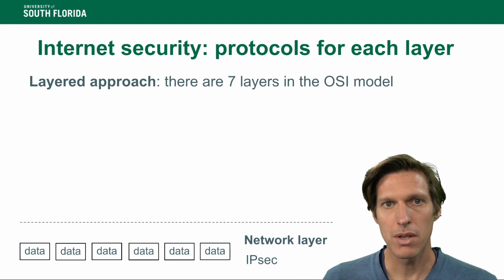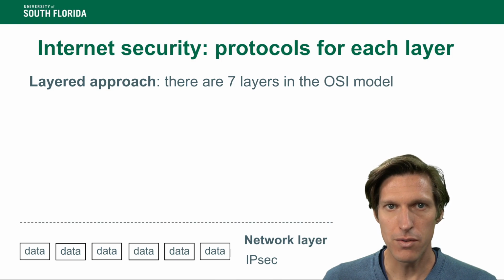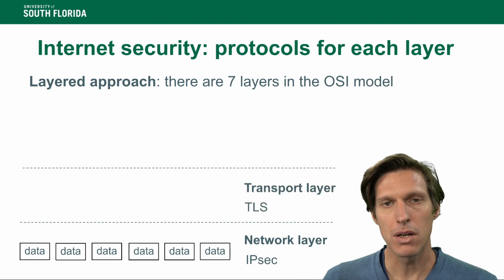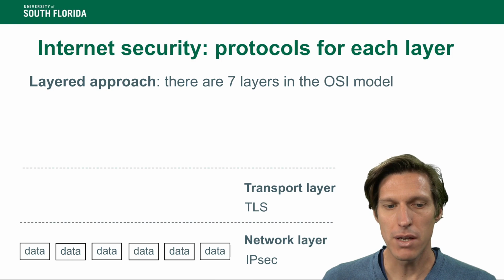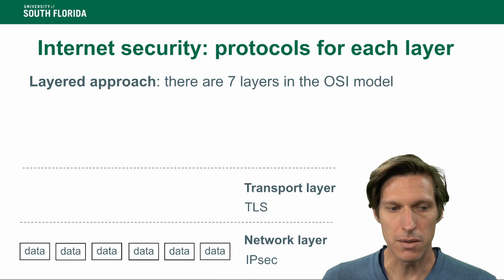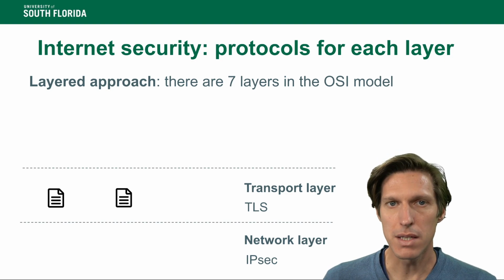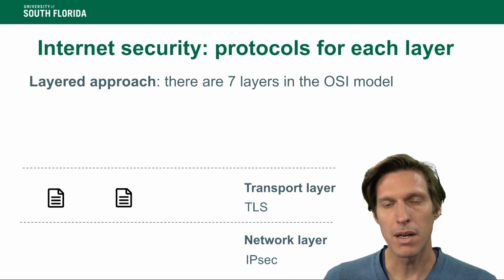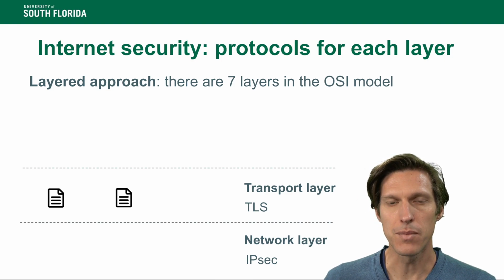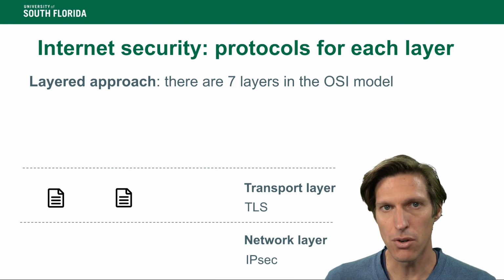Then another layer where cryptography plays an important role is the layer that's just above the network layer, called the transport layer. And at the transport layer, packets of data are recombined into actual files. One of the security protocols that acts at the transport layer is TLS, which stands for Transport Layer Security.